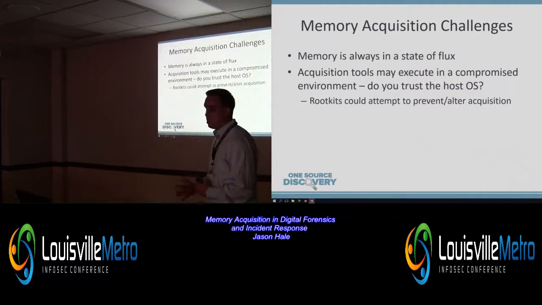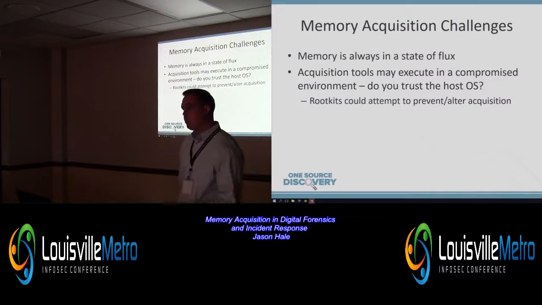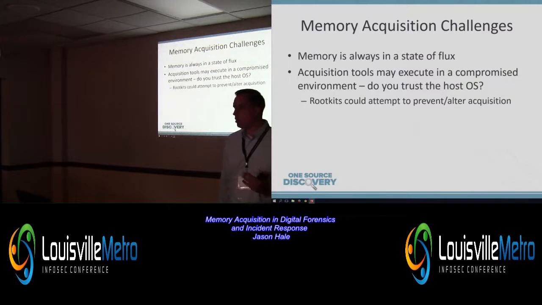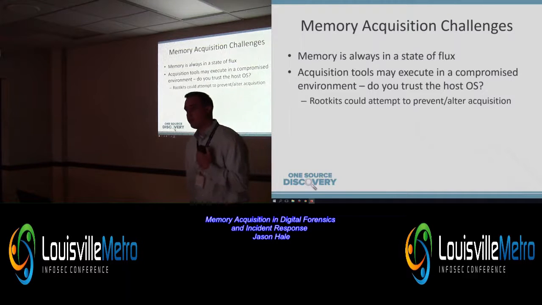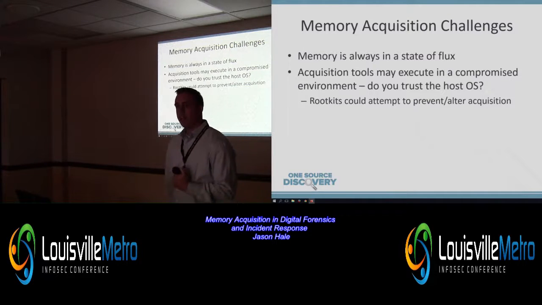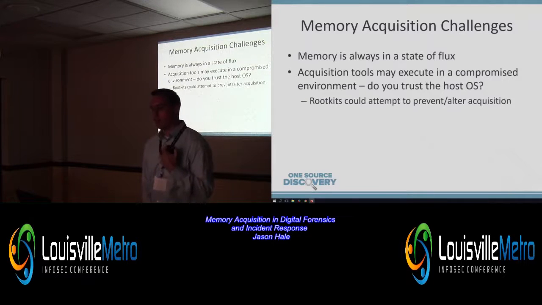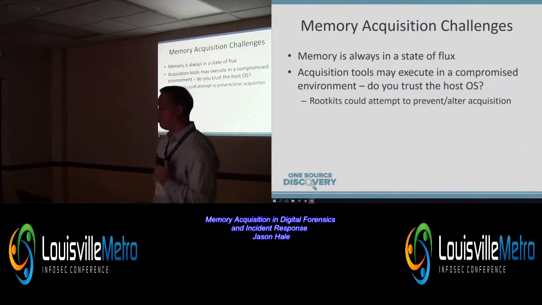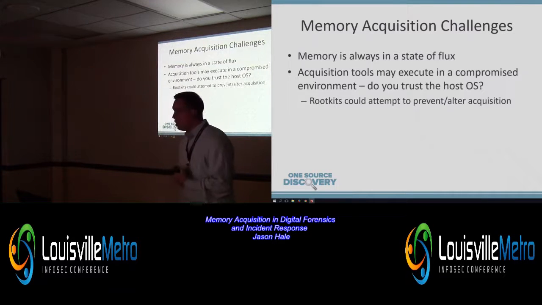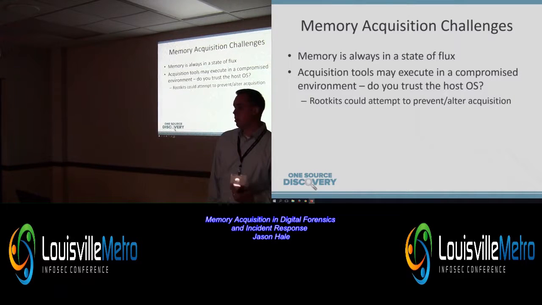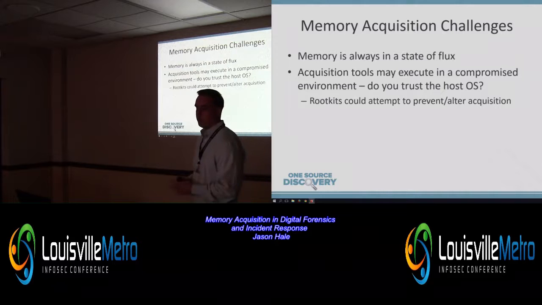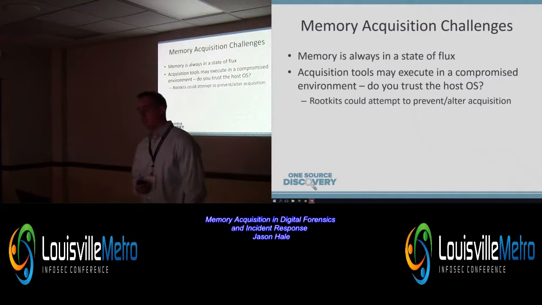So running some of these software tools, we are relying on this operating system that we don't really trust. So if we have a particularly nefarious strain of malware, an adversarial actor that is more sophisticated than some others, they may be able to prevent or otherwise alter this data that we're obtaining from volatile memory. And we'll hit on that towards the end of the presentation today.